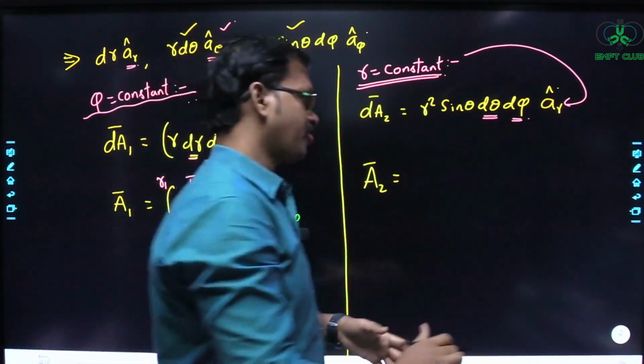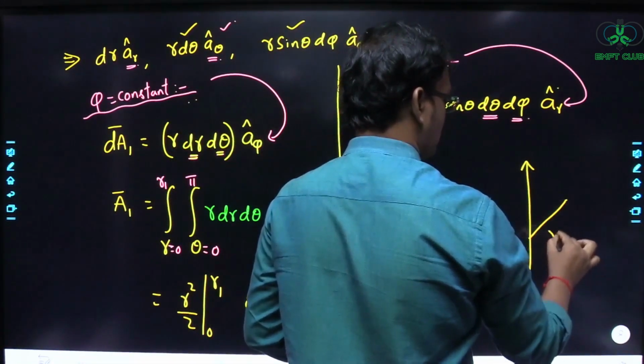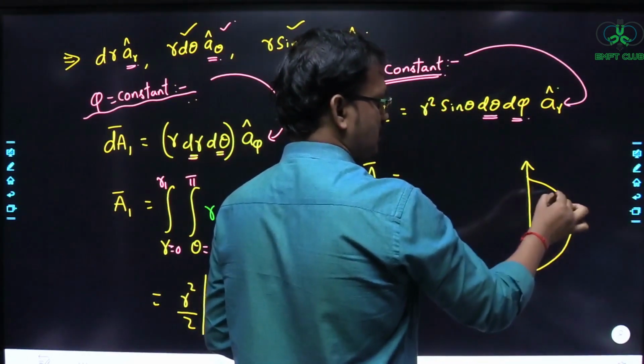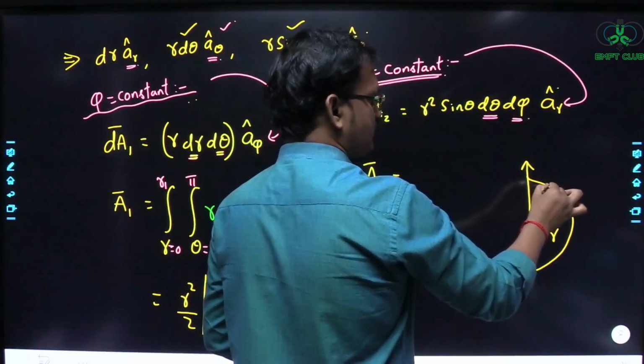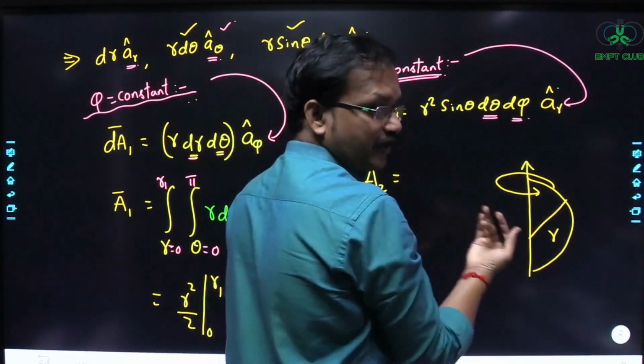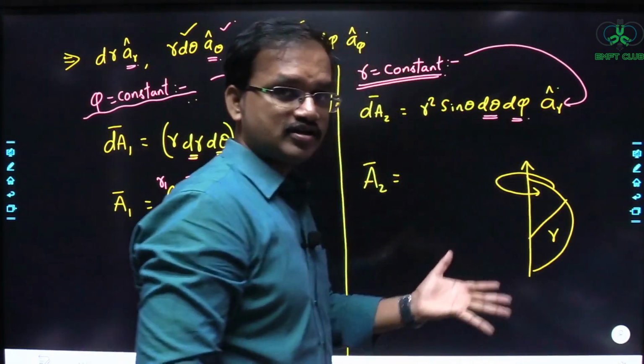R is fixed here, so if you vary theta you get this semicircle. Now if you rotate this by 360 degrees, that means you are varying phi, and then you get the surface area of a sphere.